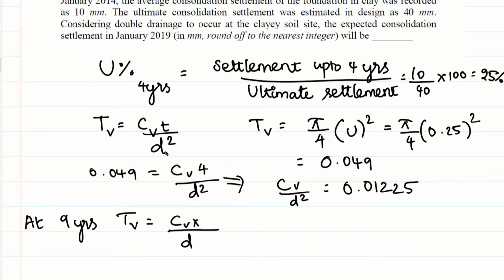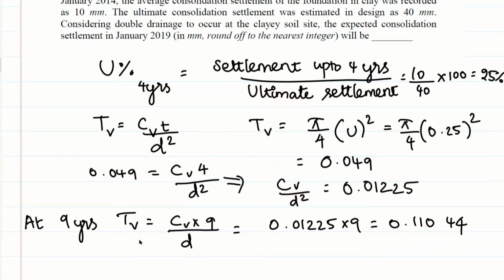So 0.01225, which is Cv by d square's value, into 9, that fetches you 0.11044, right? So now you have calculated the time factor, Tv value.